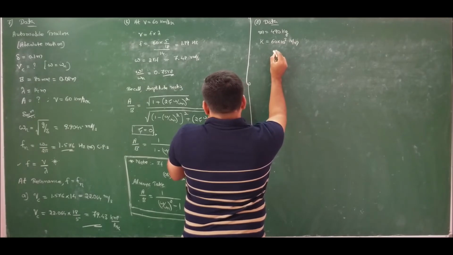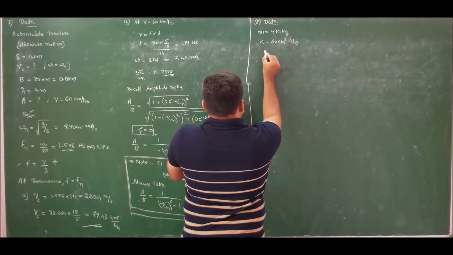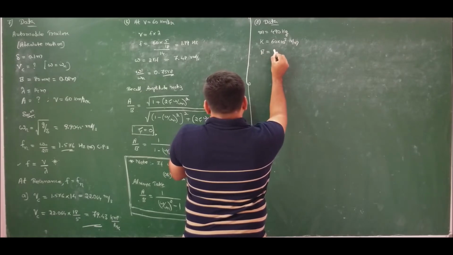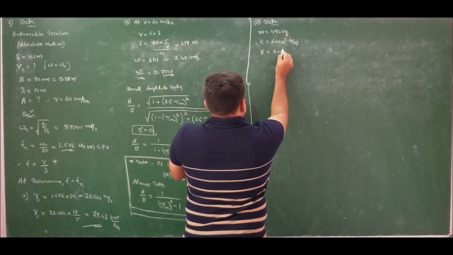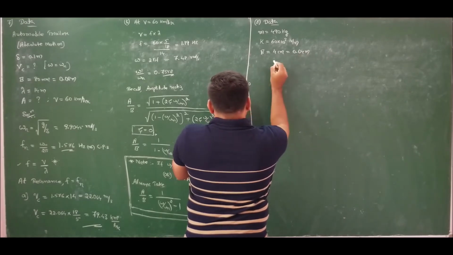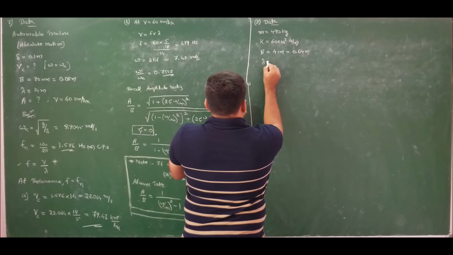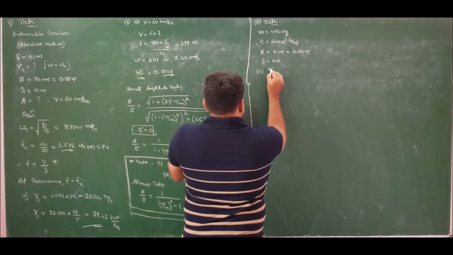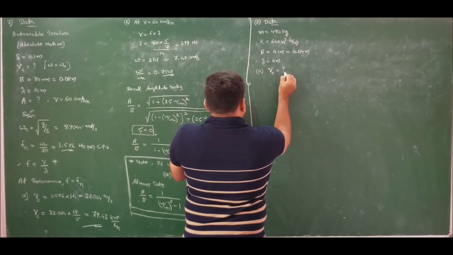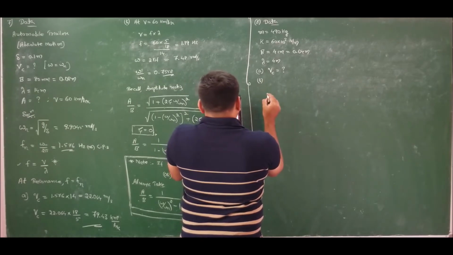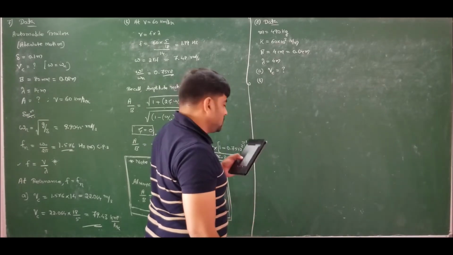The profile of the road may be approximated as a sine curve of amplitude. So the road amplitude is given, which is B, which is 4 centimeters, which is nothing but 0.04 meters, for a wavelength of 4 meters. Determine A, the critical speed of the vehicle. Find the velocity of the vehicle at resonance, because critical speed is the speed at resonance.